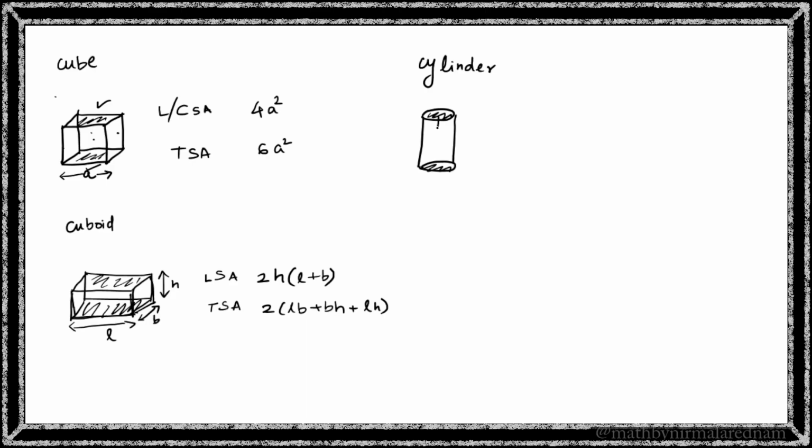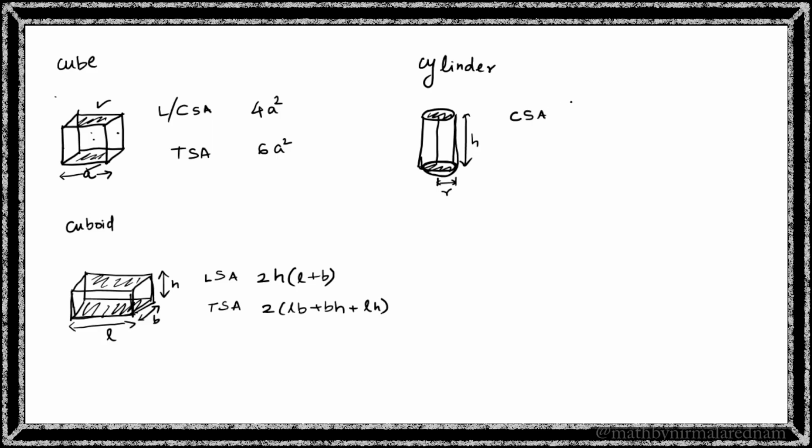So this is going to be the axis, this is going to be the height of the cylinder, and from the center of the base, this is going to be the radius of the base or top, right? So when it comes to this curved surface area, we have to consider the circumference of the base, which is 2 pi r because it's a circle, and multiply it with the height here.